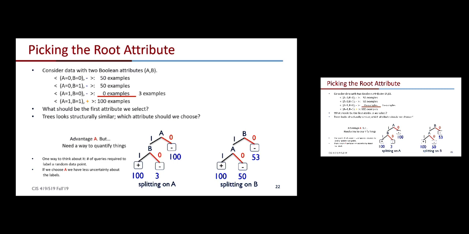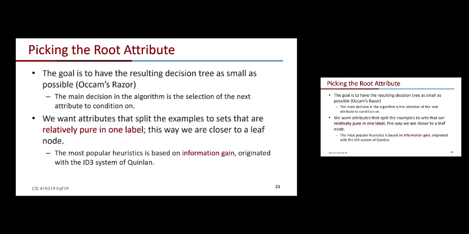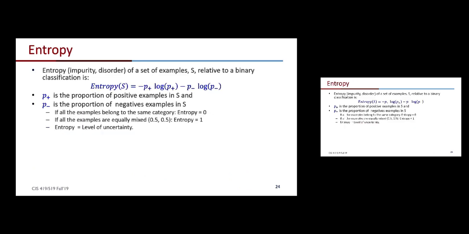So what we're going to do now is basically introduce some notions from information theory that will allow us to quantify this and actually develop an algorithm. So we already saw this. The notion that we're going to introduce is the notion of entropy. Entropy of a set of examples relative to a binary classification, a binary label, is defined this way.